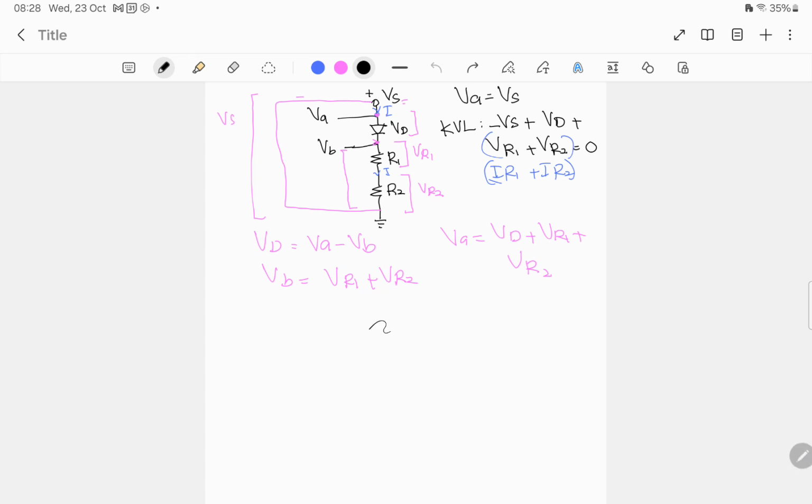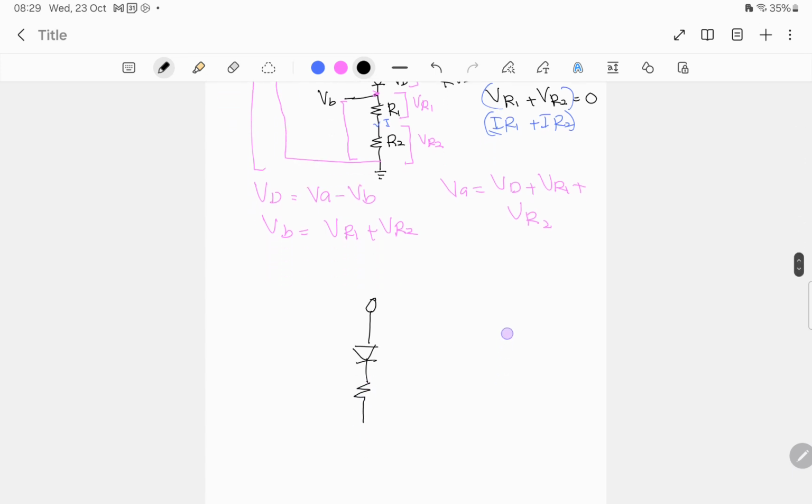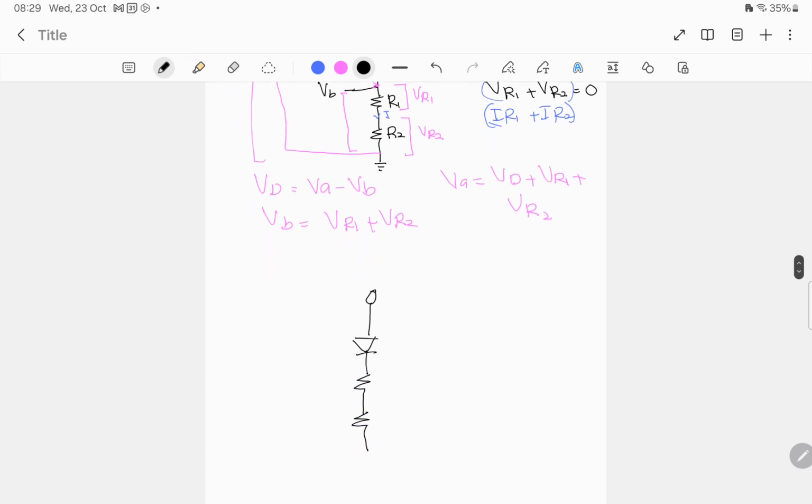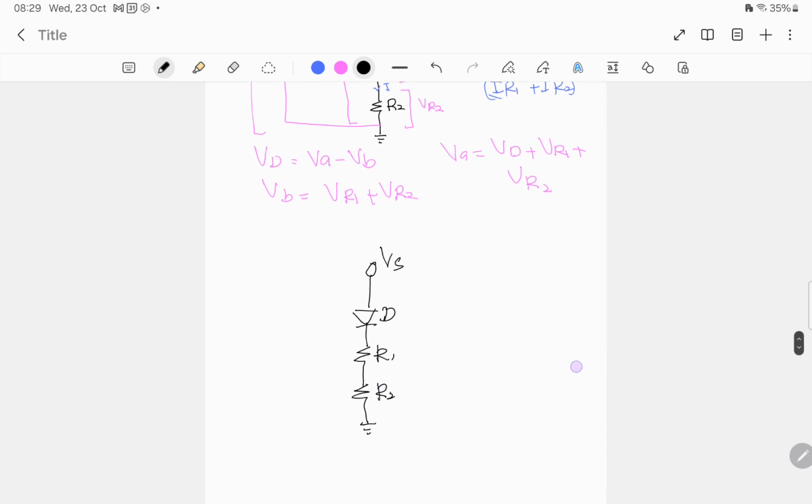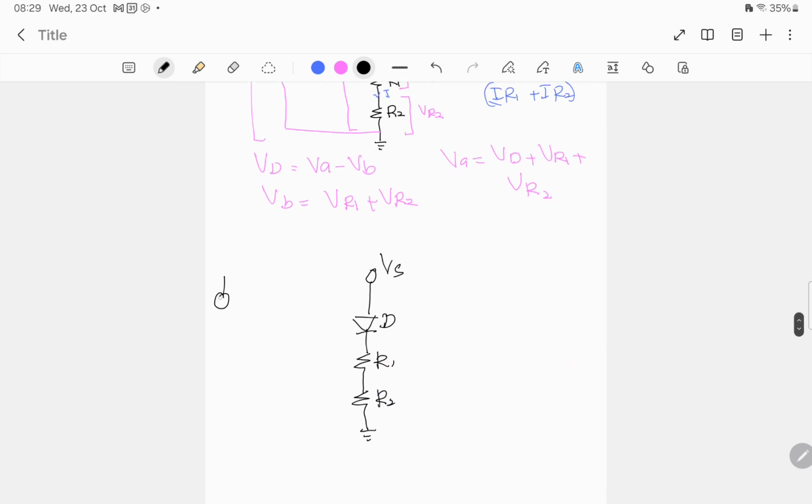We have one diode, a resistor, and ground. This is VS, D, R1, R2. Actually, this circuit can also be drawn like this. It is the same.